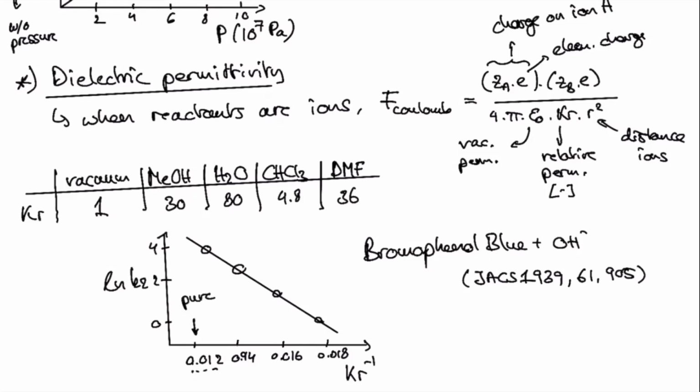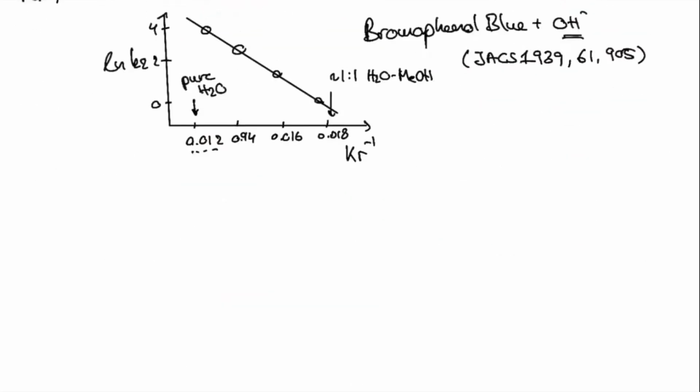And here you're about 1-to-1 water-methanol. So you can see that there can be really drastic changes in the rate constant if you play with the dielectric permittivity, since these are ions, here OH minus.